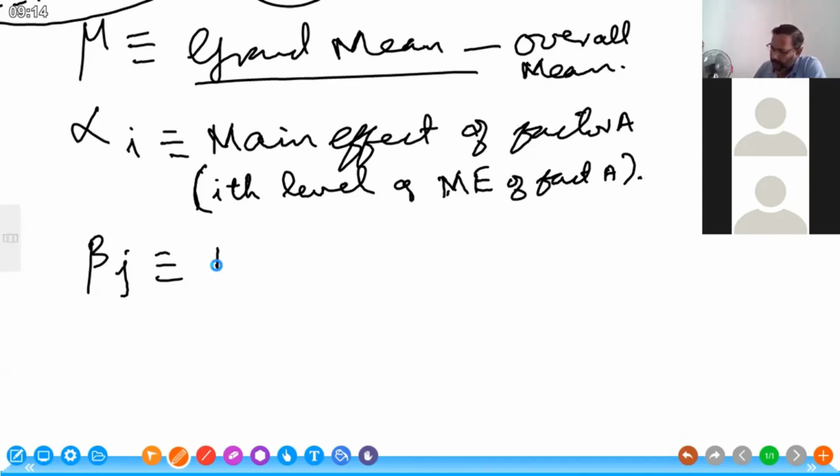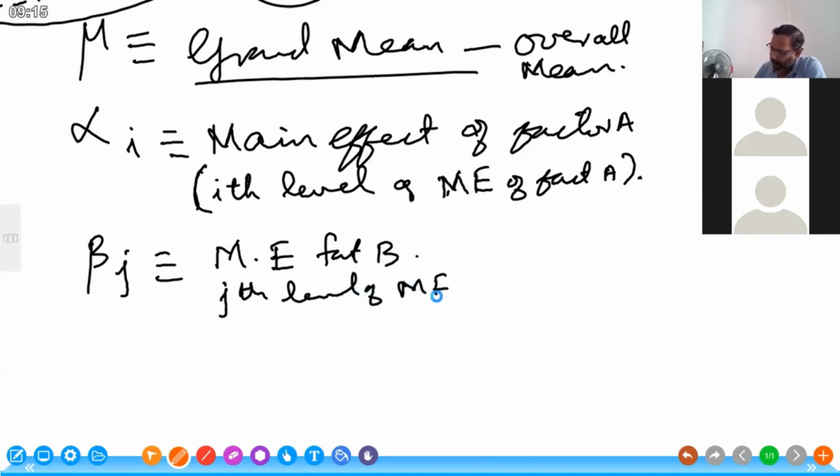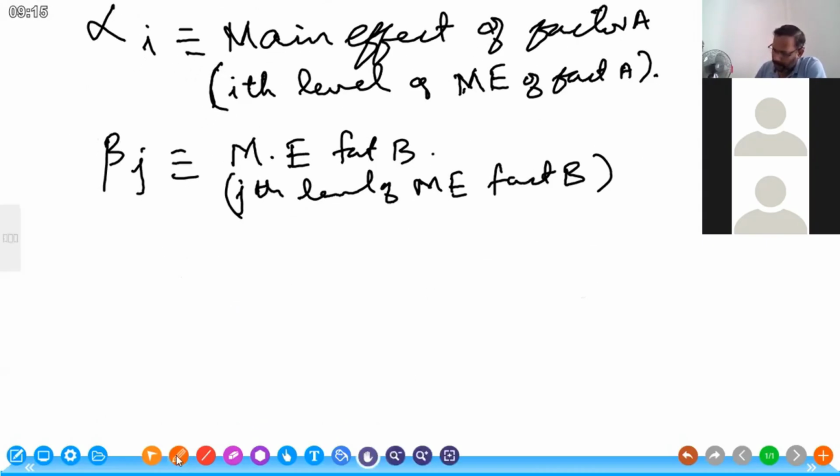So it can be called as main effect of factor B. Or we can say jth level of factor B. Right. Now alpha, beta, ij.